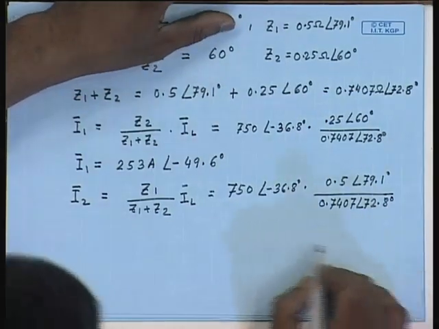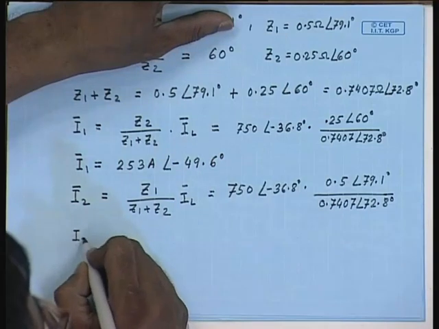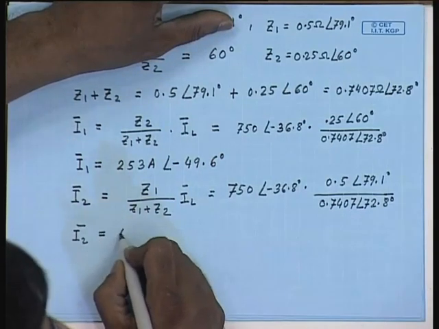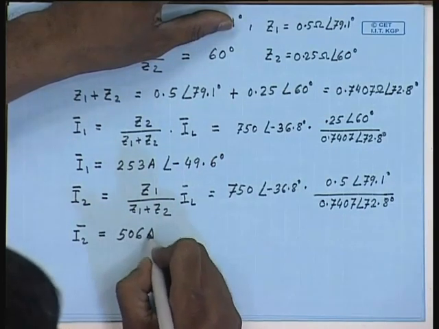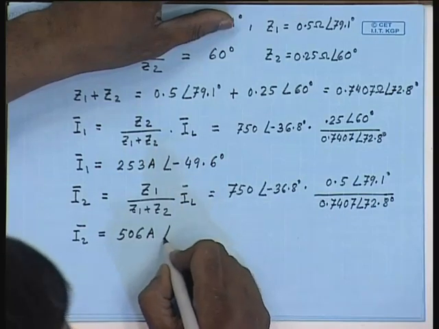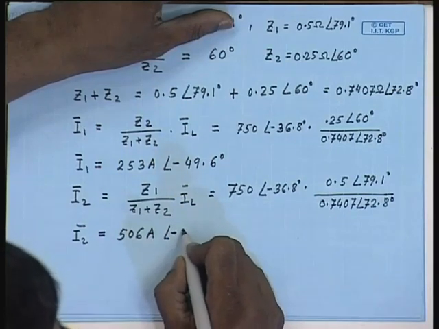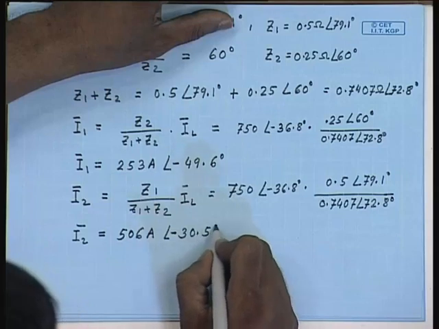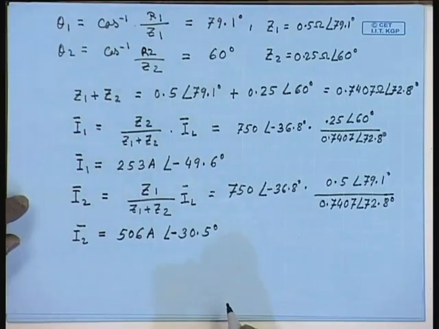This gives you I2 equal to 506 amperes angle minus 30.5 degree.